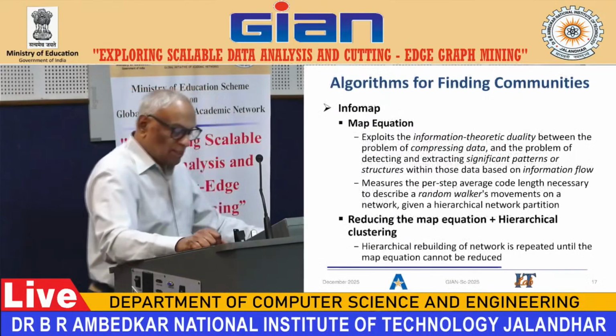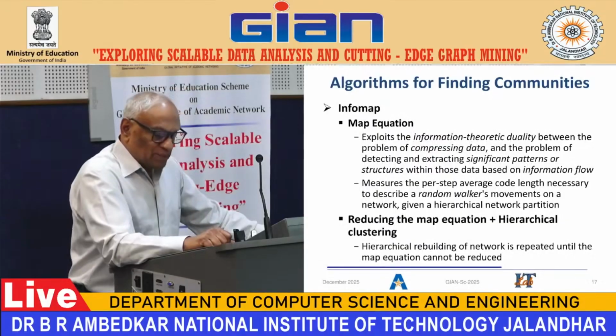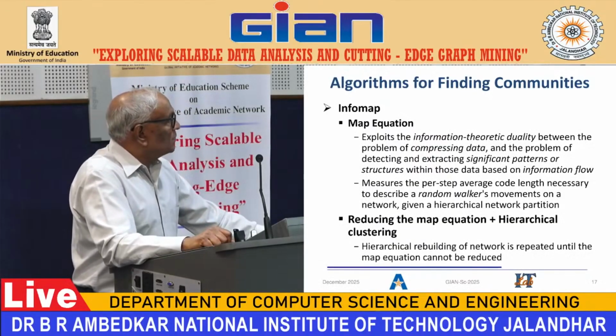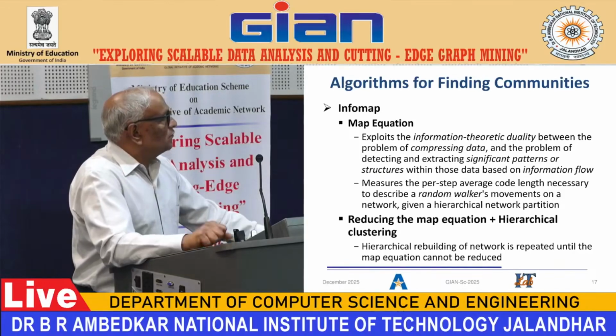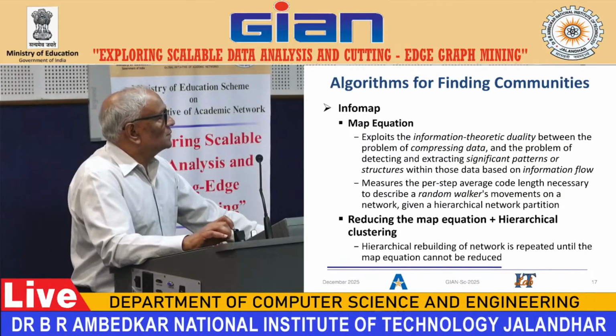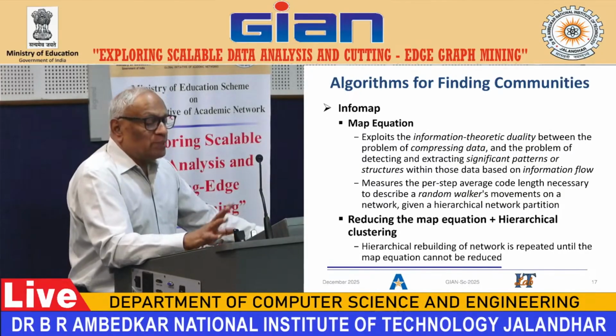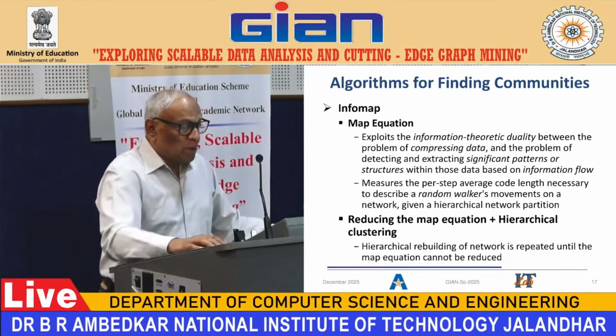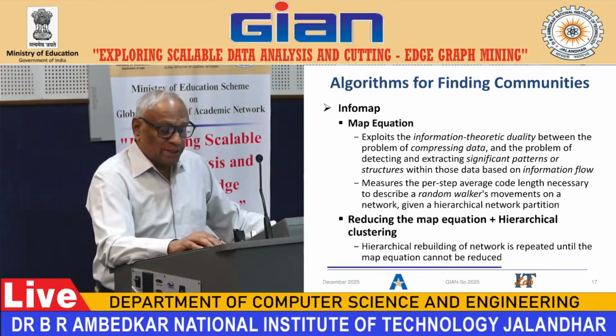Infomap uses a different way of approaching this problem, known as the map equation. It exploits the information theoretic duality between the problem of compressing data and the problem of detecting and extracting signal. This compression is very widely used in graphs.